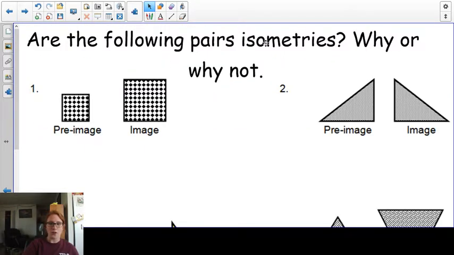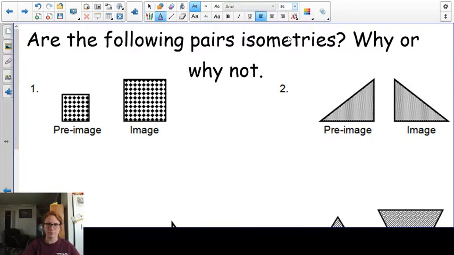First we're going to talk about isometries. So what is an isometry? Are these isometries? Why or why not? My explanations are not good with my fingers, so I'm going to type these out. So these first two, what do you notice about my pre-image to my image? An isometry is the same shape that stays the same size.